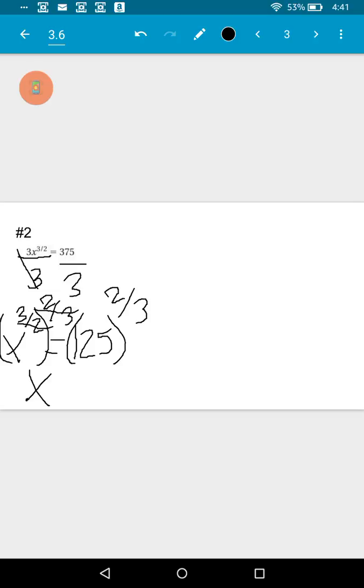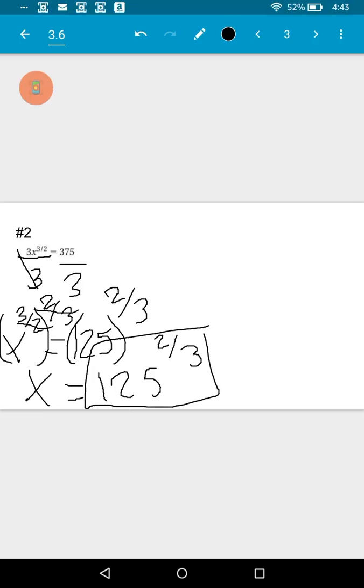You're left with x equals. If you do not have a calculator at home, and I have a fill in the blank, you can leave it like this. For now, let's just leave it like that because I do not have a graphing calculator in hand. But when I give you your quiz, I will write these type of problems as fill in the blank.